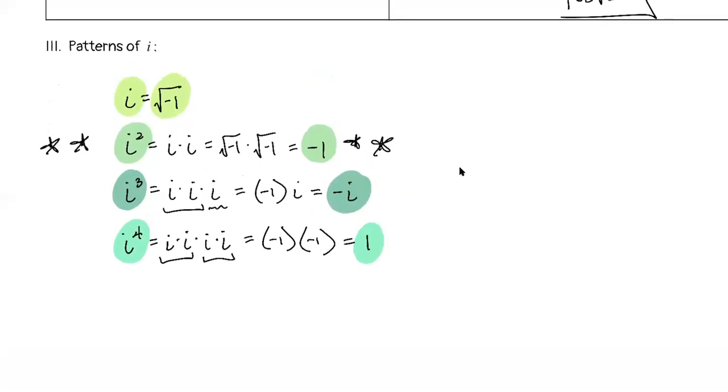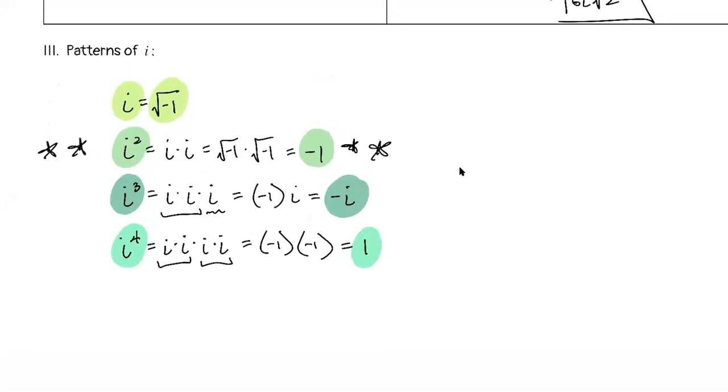So i to the 4th is equal to 1. Like I said, we're mostly going to be using the first two, but I did want us to know that the second two exist.